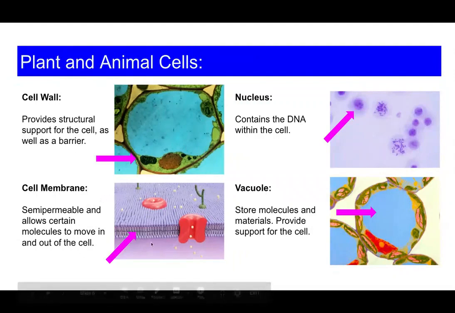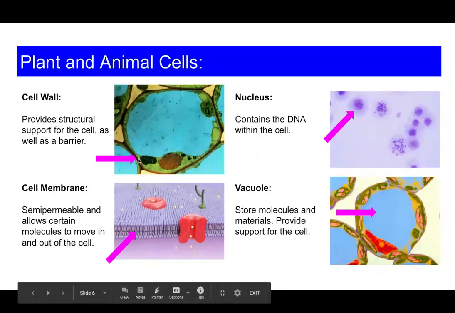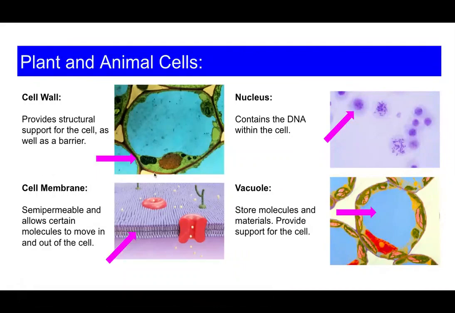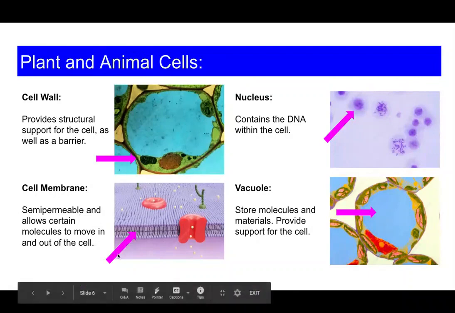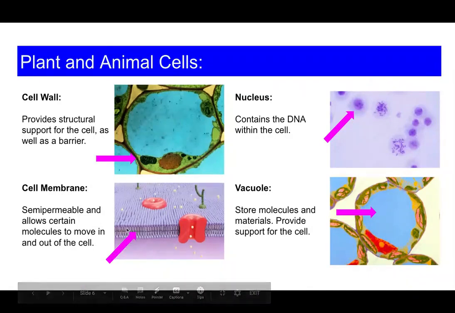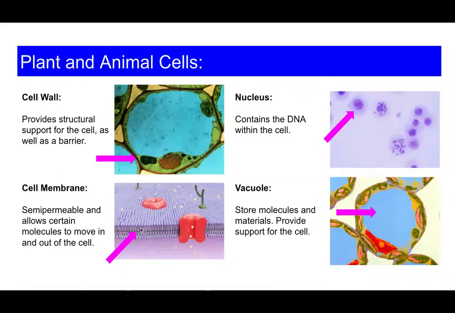The cell membrane, so now in this picture, if I look just on the inside, I can see another line going along the inside. It's slightly lighter. Now, that's the cell membrane. Animal and plant cells both have cell membranes. These are semi-permeable. We call them phospholipid bilayers. And that's because we have these phospholipids, and there's two of them.